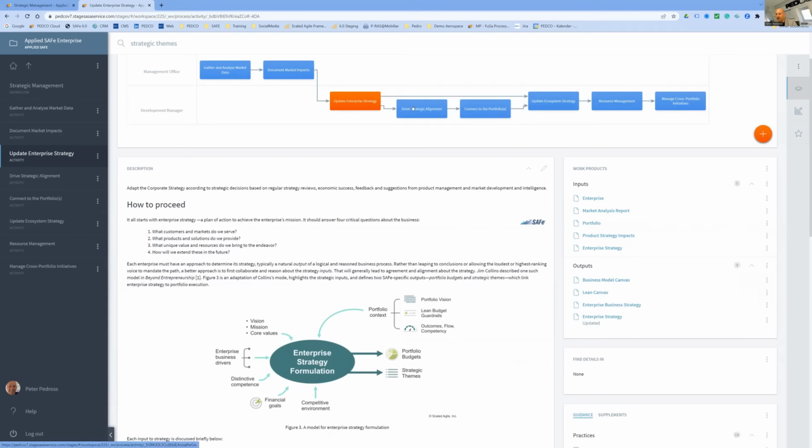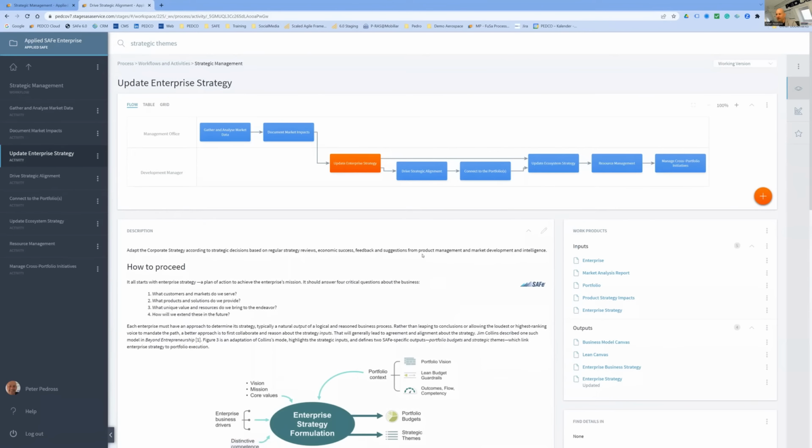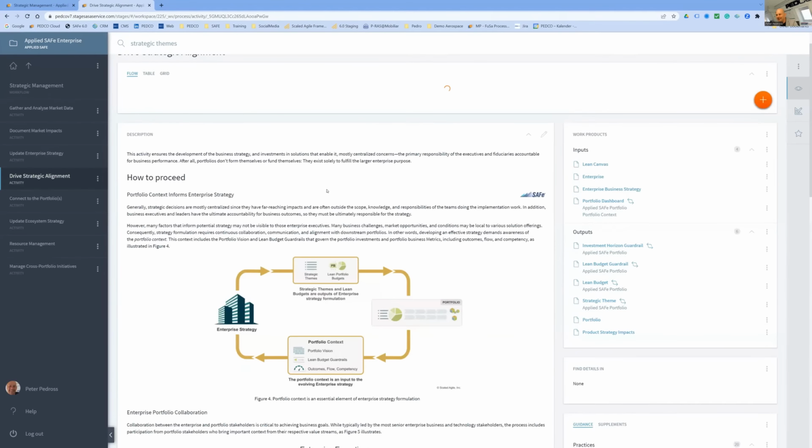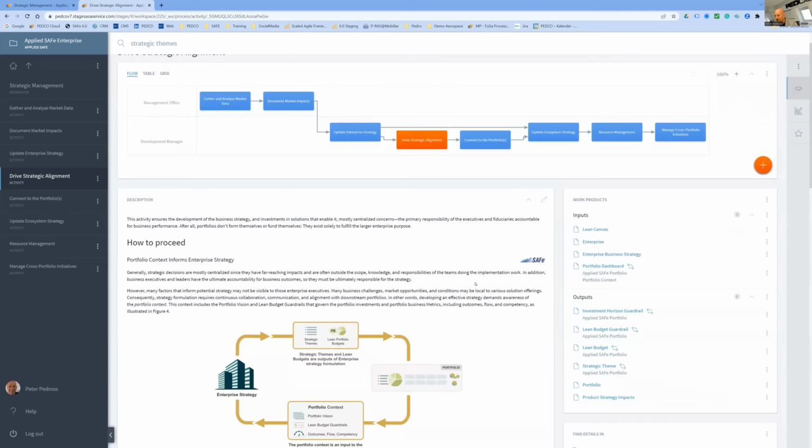And it goes on. So we say, okay, we have to drive the strategic alignment. Again, this is mentioned in that article, but what does that really mean? So we see here, okay, we have strategic themes, we have portfolio budget, they are spread over. We talk about lean budget guardrails. Okay, we see lean budget guardrail. What is that? When do we produce it? Strategic theme.